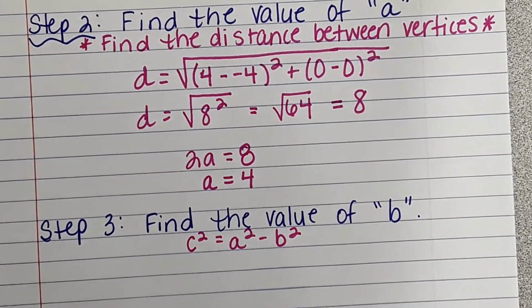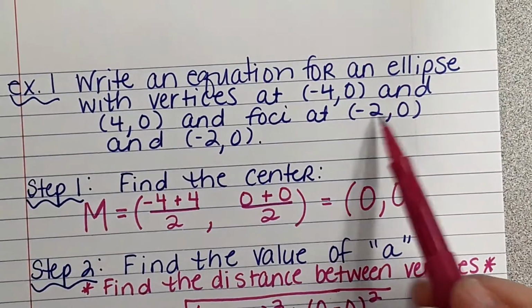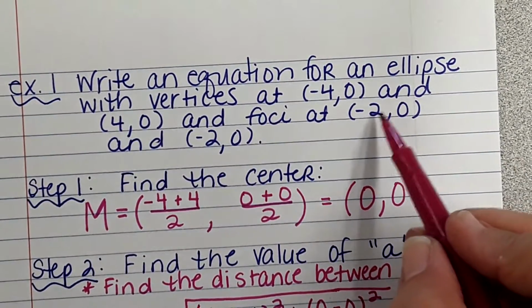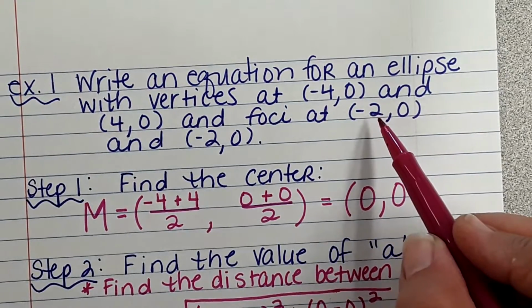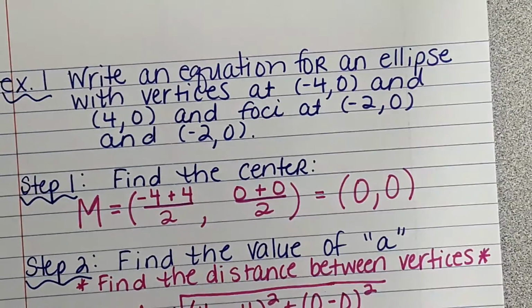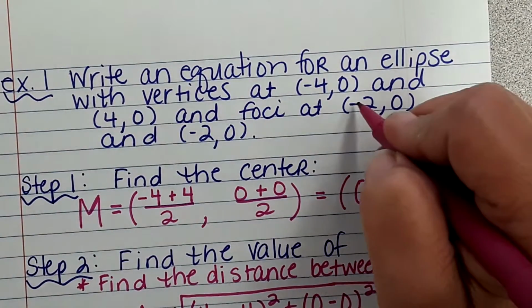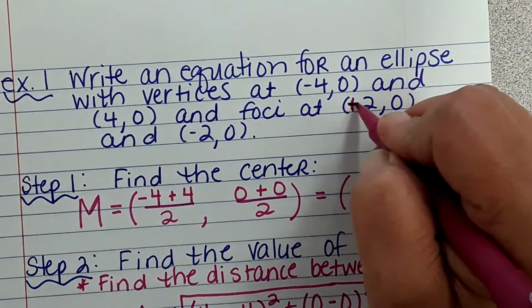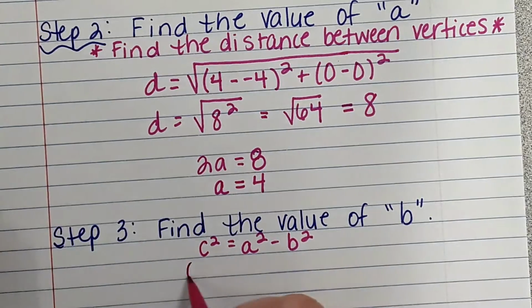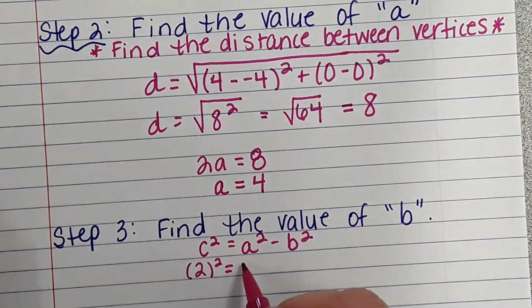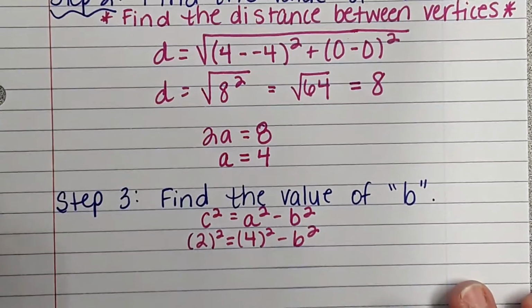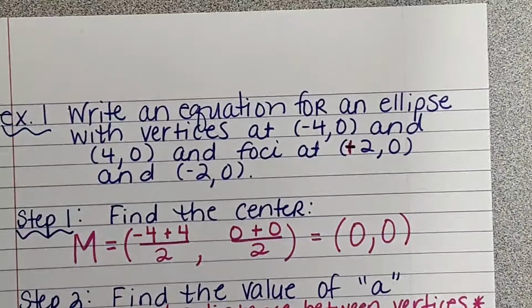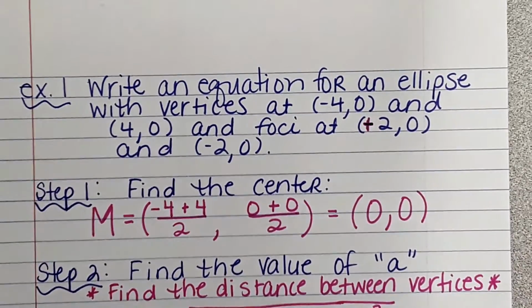How you find out c is from the foci. If there's a number and 0, then this is a horizontal ellipse and your c is 2. And I forgot to make this, you guys at home, change that to a plus. So I'm going to put 2 squared. I know a is 4, and I'm looking for that b. Again, I got that c from the foci.